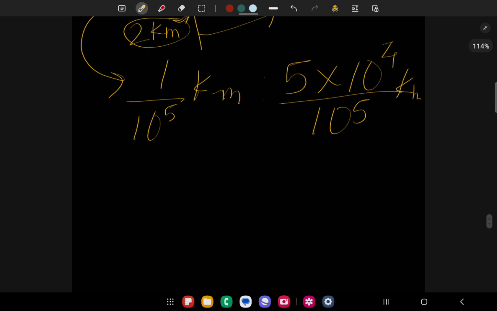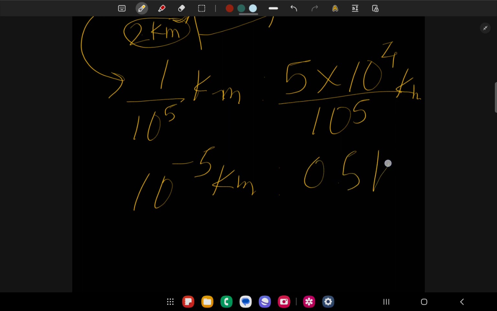So 10 to the power minus 5 kilometer is to 0.5 kilometer here.